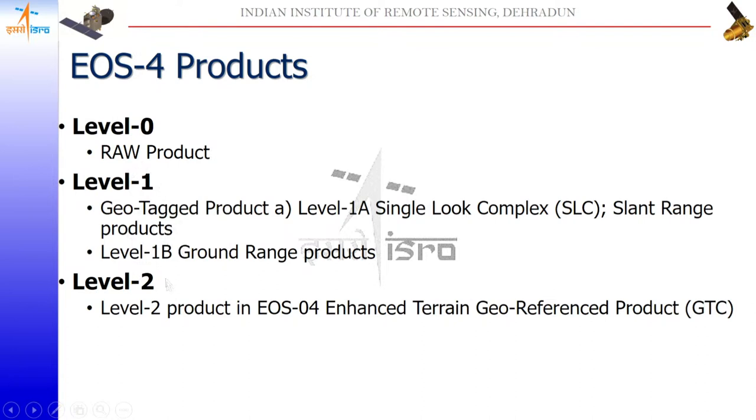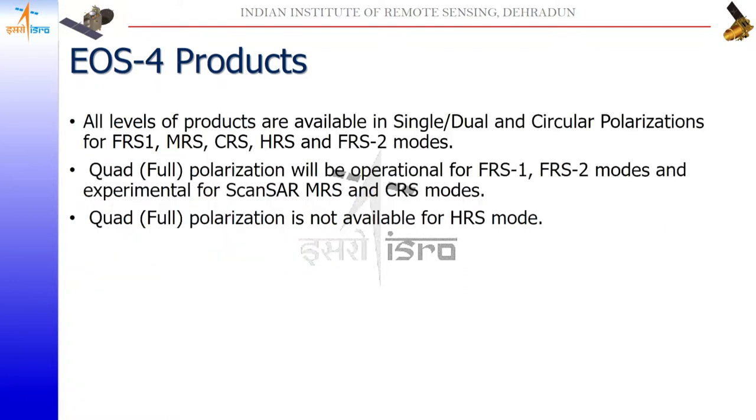So as per your requirement, you have to use an SLC image or level 2 image. All levels of products are available in single, dual and circular polarization for FRS1, MRS, CRS, HRS and FRS2 modes. Quad pol will be operational for FRS1 and FRS2 modes, and experimental for ScanSAR, and quad pol is not available in HRS mode.